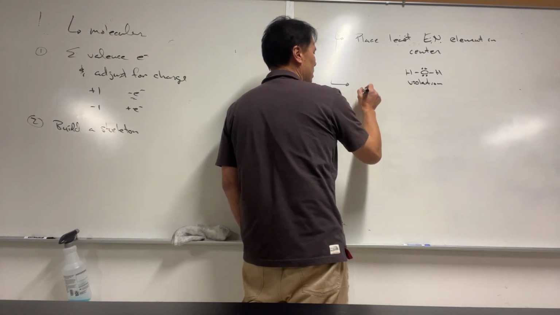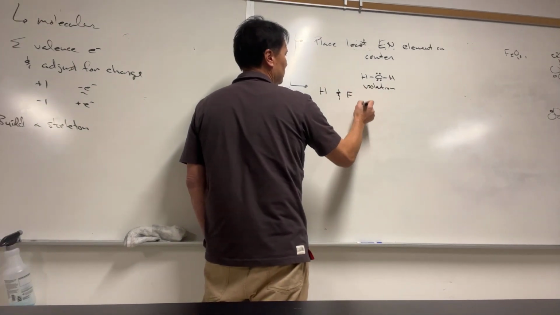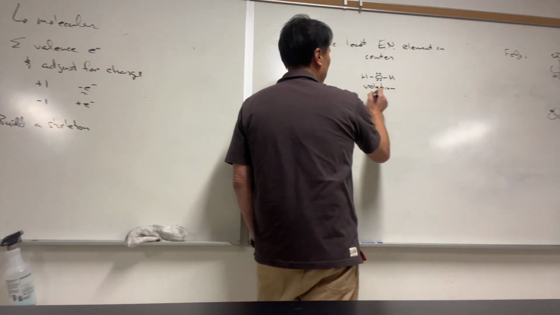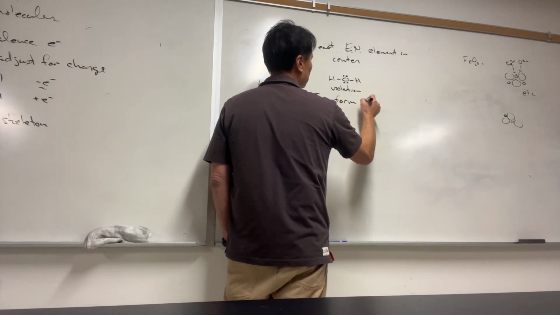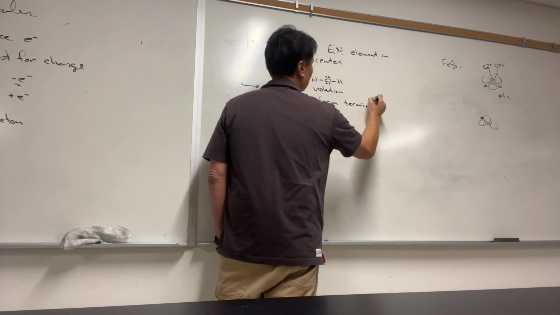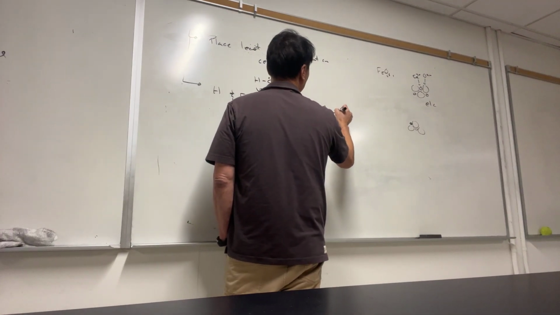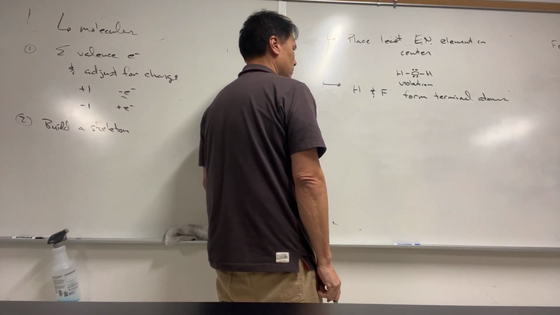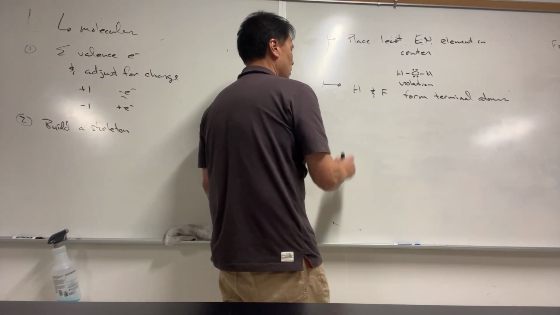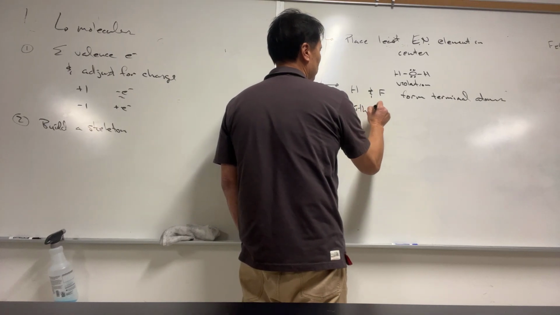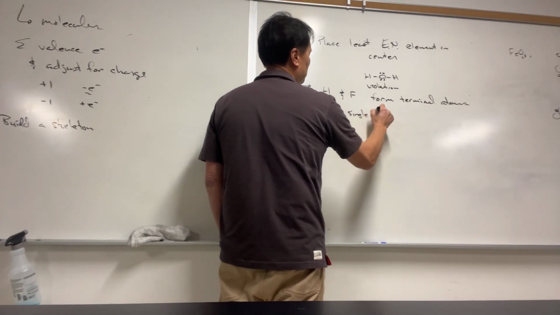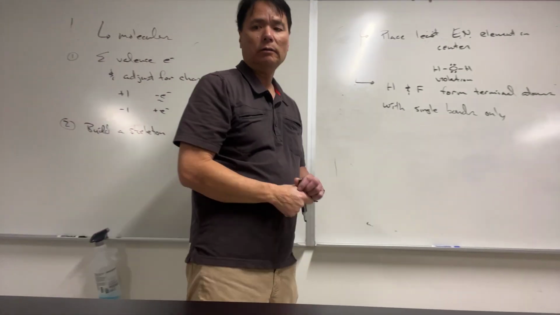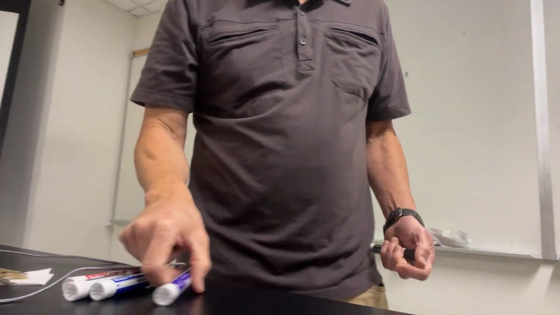The other rule that we add on top of this is that hydrogen and fluorine form terminal atoms with single bonds only. When we have a center atom, we often call that a bridging atom.